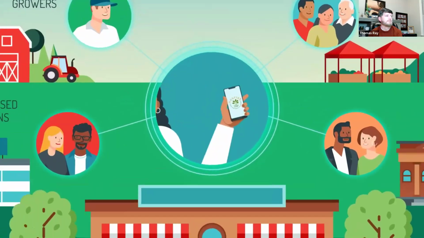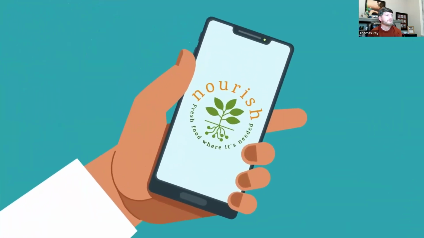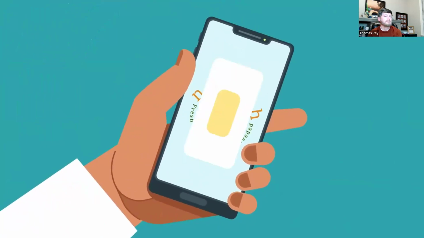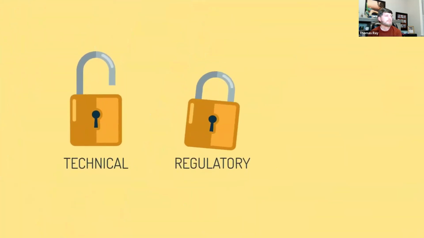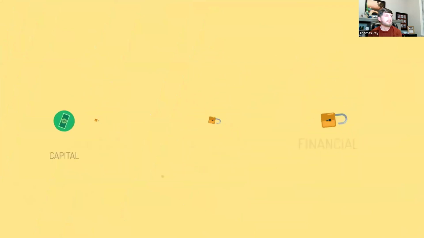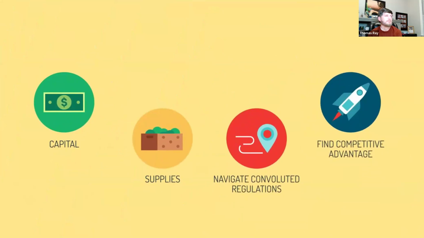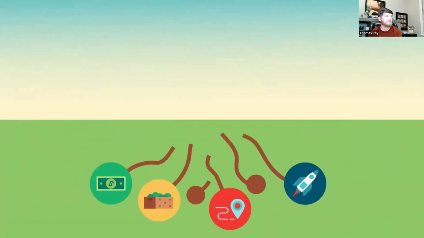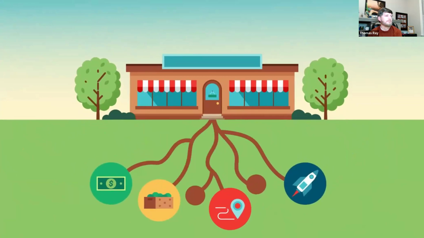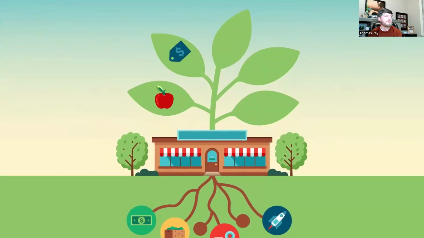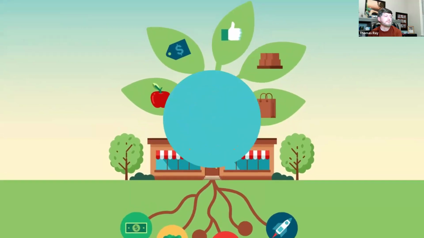Enter Nourish, an AI-powered platform and app capable of assisting users in making connections and finding the resources they need to launch and grow their local food business. Nourish lowers technical, regulatory, and financial barriers by helping users secure capital and supplies, navigate convoluted regulations, and find a competitive advantage in their local markets. The Nourish platform maps public data, creating a comprehensive roadmap for users to find and fund their local, sustainable, community-driven business. Nourish has food-specific knowledge, including food types, prices, convenience factors, as well as access to local suppliers and other food venues.